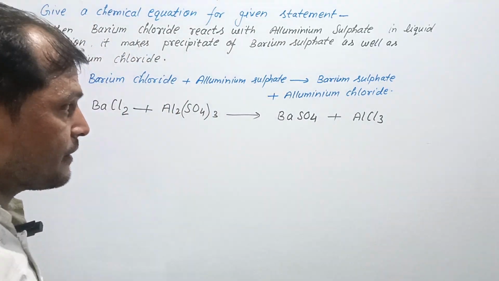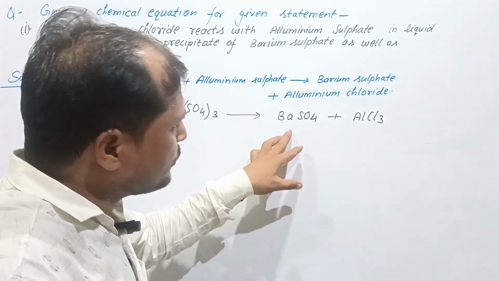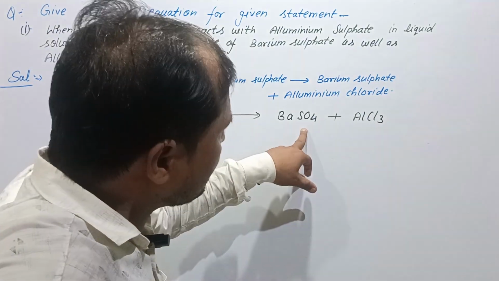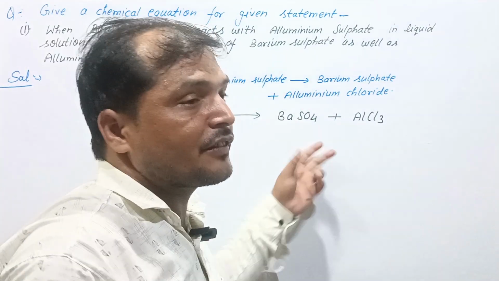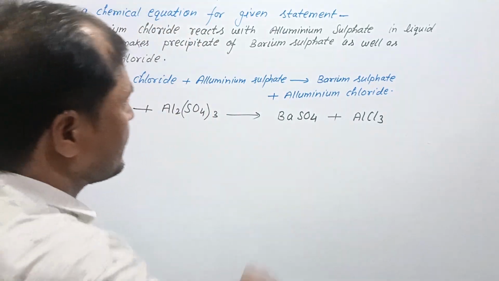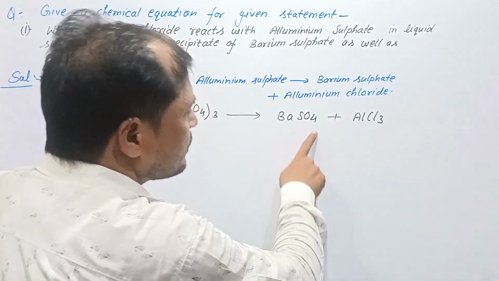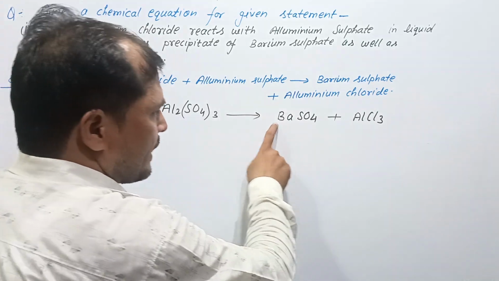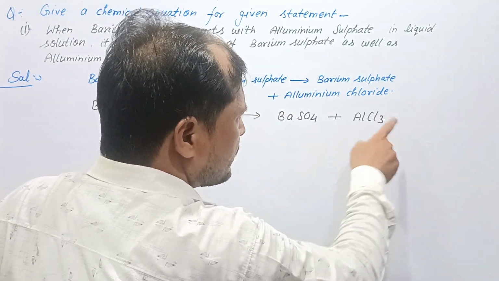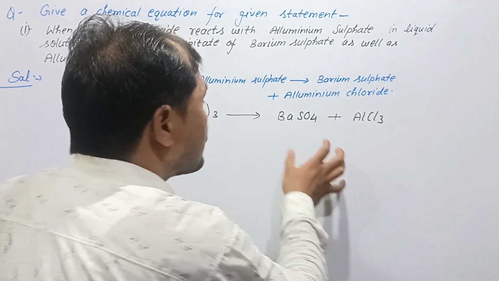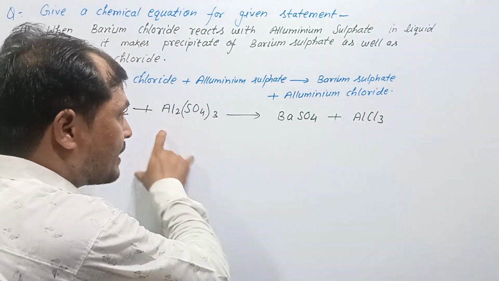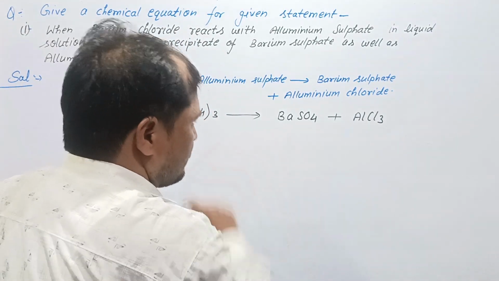Now let us balance this chemical equation. How can we balance? Very first we need to see the compound in which there are the maximum number of atoms. Here in this compound there are 6 atoms; in this compound, only 4 atoms. Now let us start to balance from here.